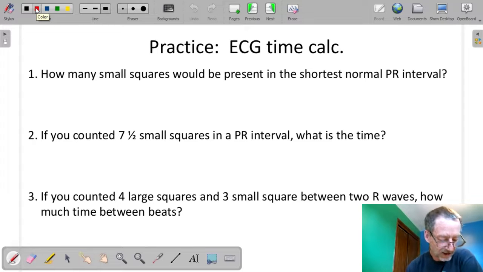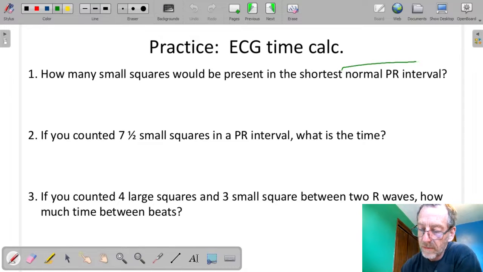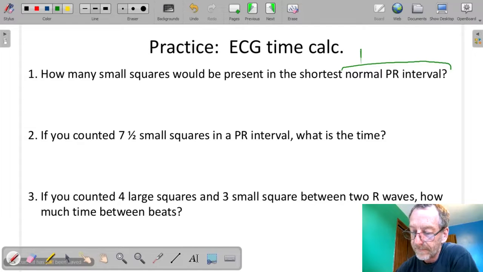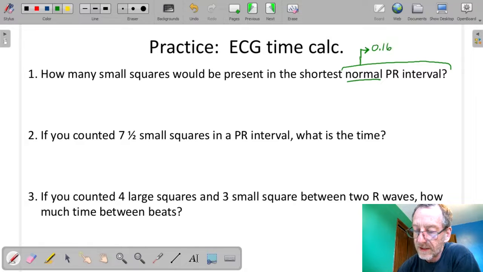So the first thing you need to know and remember is, what is a normal PR interval? That you need to memorize. Remember? The PR interval normally is between 0.16 what? Seconds or milliseconds? Seconds.